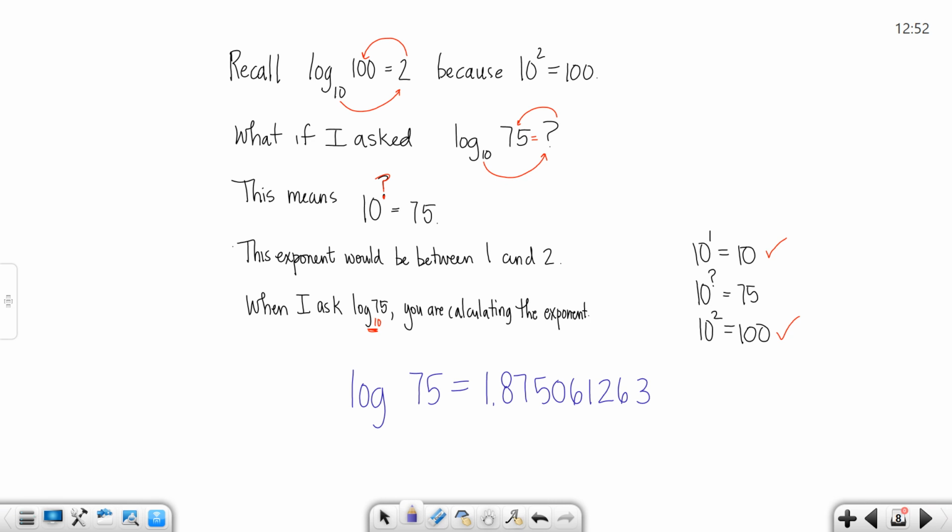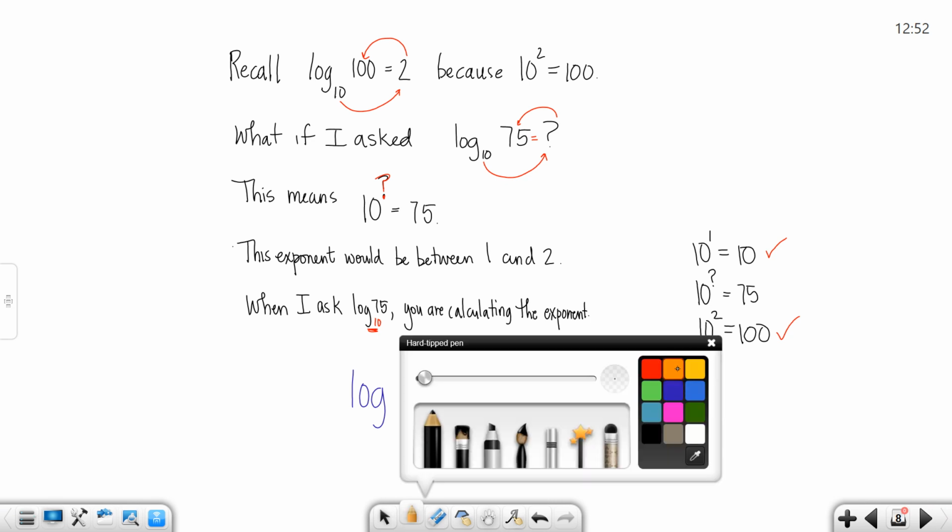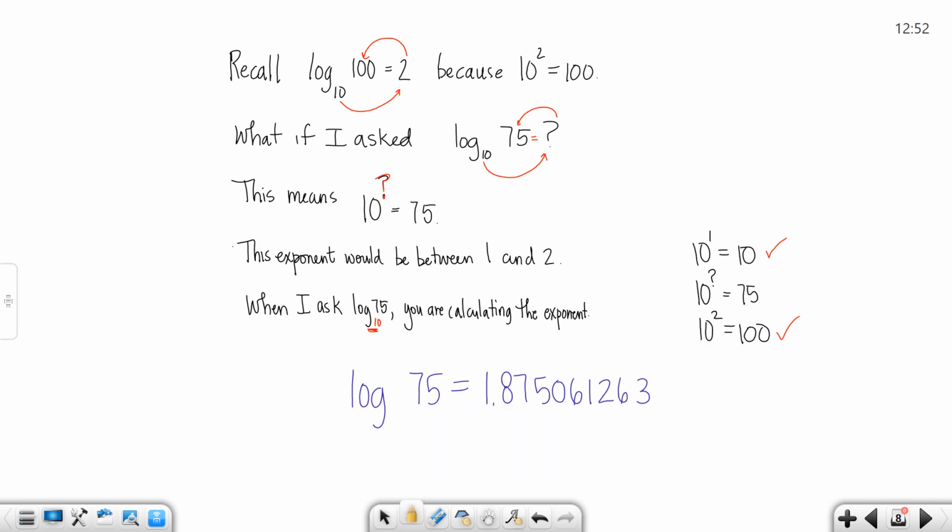But I'm going to ask you to round to 4 decimal places. So 4 decimal places would be 1, 2, 3, 4. I'm going to round here. This 6 is bigger than 5, so that means this one rounds up. So I'm going to get 1.8751, and that's going to be my answer.